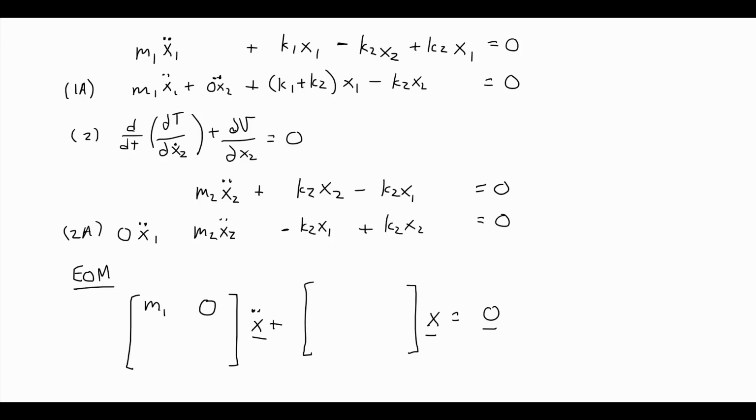All right, but back to equation 1a, the x1 term has a k1 plus a k2, and then negative k2 times an x2, and then 0 on the right-hand side. The second row for our matrix will use 2a. So that implied 0, which I now wrote in 2a, and an m2 times an ẍ2. For the stiffness matrix, I'll have a negative k2 is the x1 coefficient, and a positive k2 is the x2 coefficient, and the right-hand side is 0.